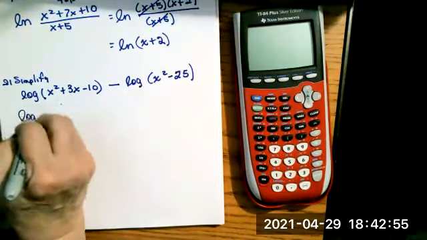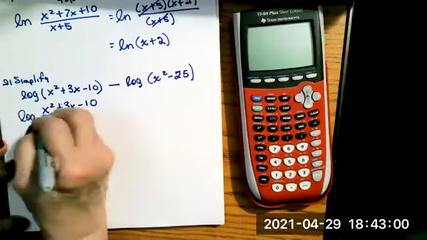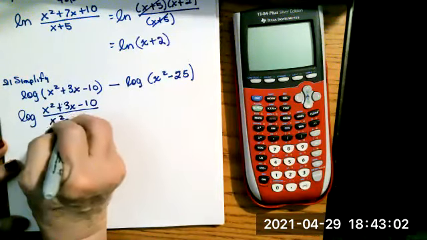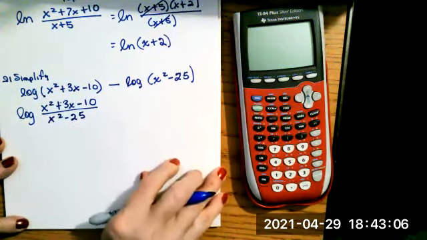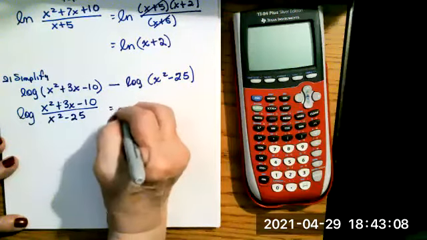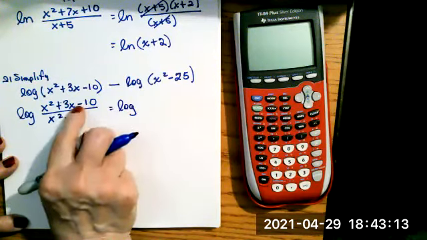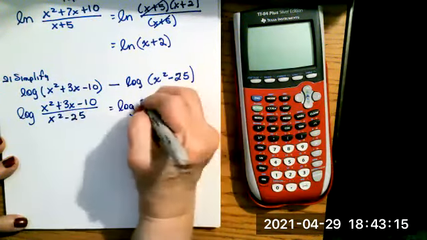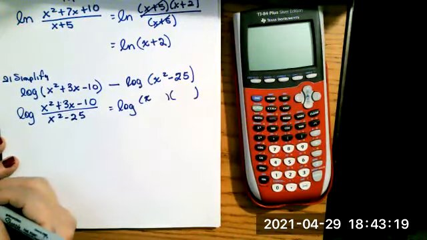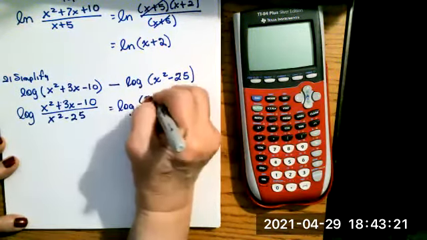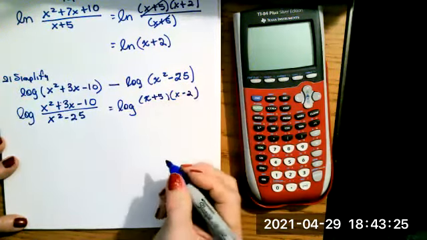So I'm going to rewrite it. x squared plus 3x minus 10 over x squared minus 25. And x squared minus 25 is a difference of two perfect squares. Let's see if I can factor 10 so that when I subtract, I get 3. Let's see. x plus 5, x minus 2, I think will work.